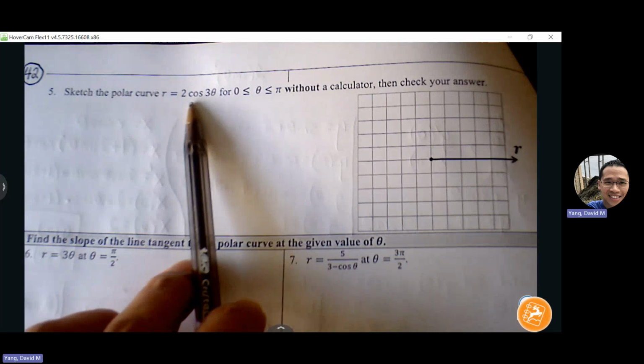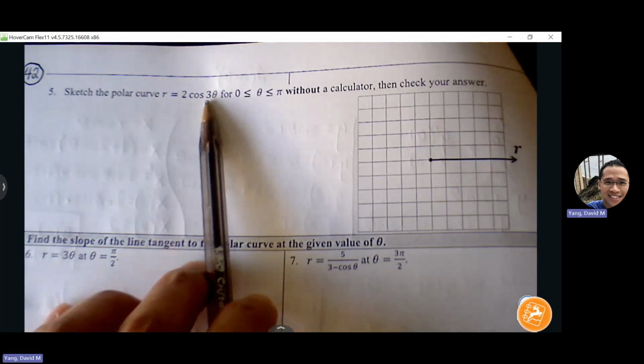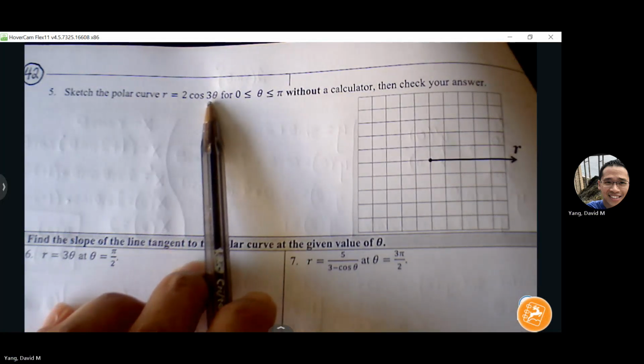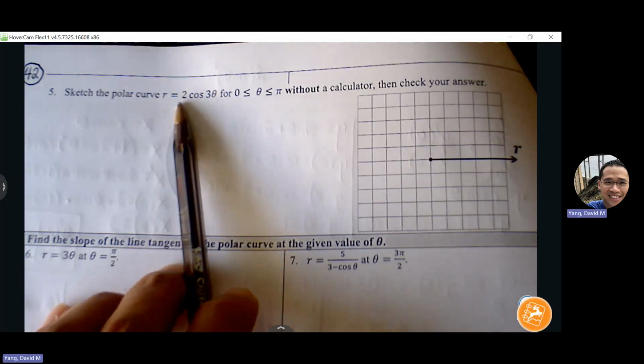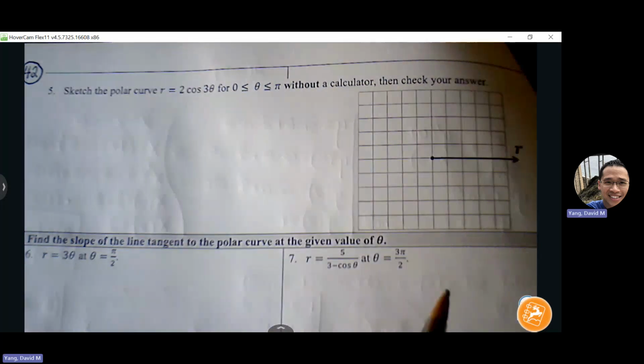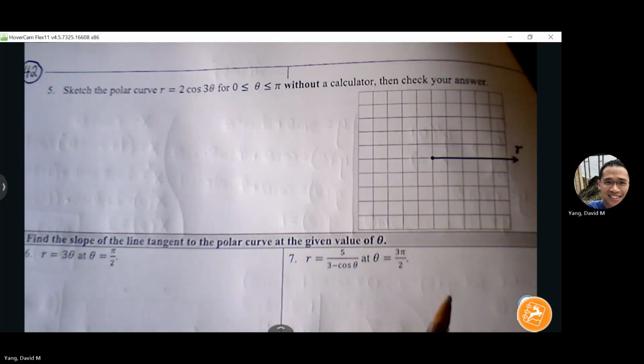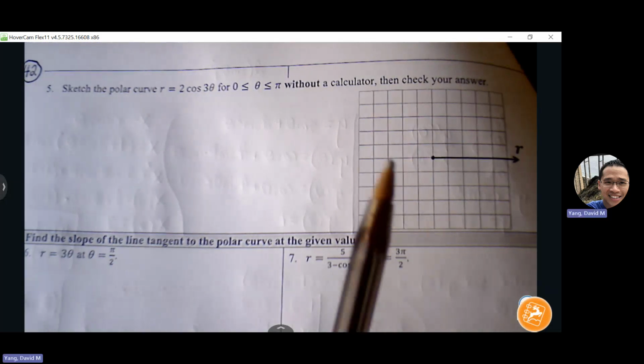Let's just see if we can remember what this could be here. What does that 3 theta tell us? Yeah, 3 petals. The 2 tells us the length, or the diameter, of each petal, and it's symmetric about the x-axis.